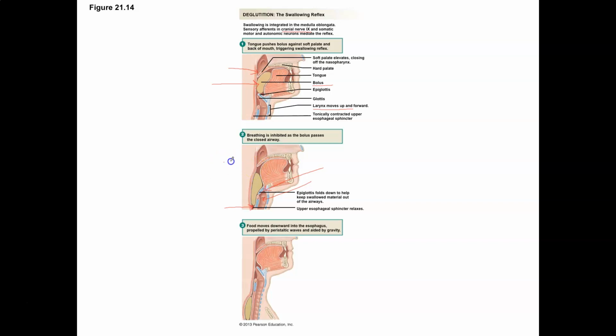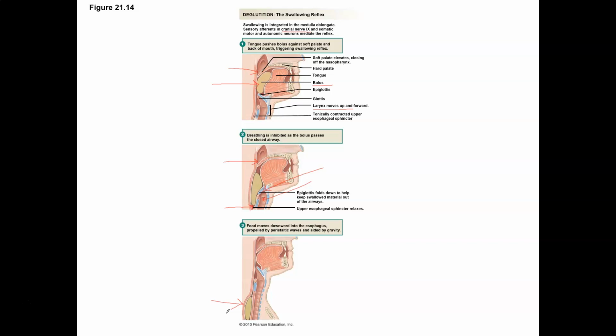Just like the uvula is blocking the nasopharynx to prevent food and liquid going into the nasal cavity. Then you have more autonomic nervous system control, and peristaltic activity is going to move that food bolus down the esophagus. You can see that in that third picture here. We're going to move that food bolus down the esophagus and move it towards the stomach.